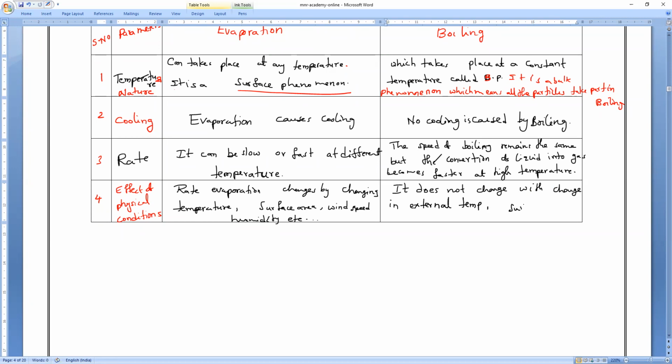So this is the difference between boiling and evaporation.